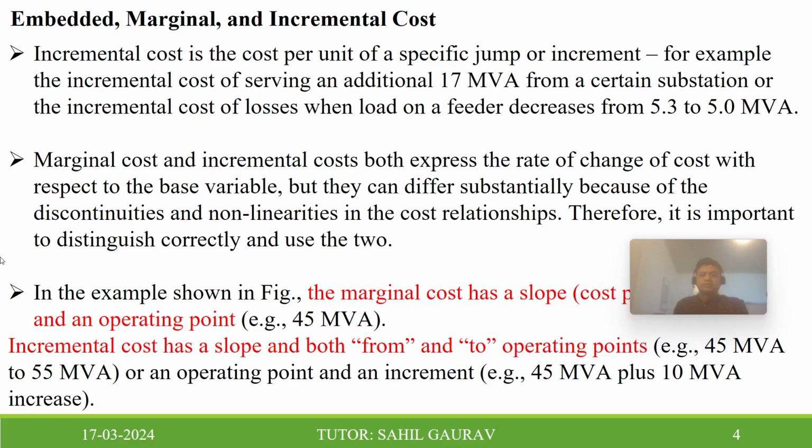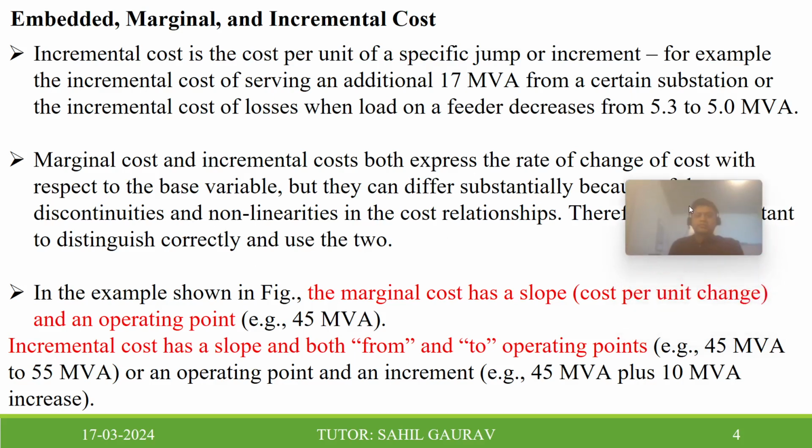As I told you, incremental cost is the cost per unit of a specific jump or increment. Marginal cost and incremental cost both express the rate of change of cost with respect to a base variable, but they can differ significantly because of discontinuities and non-linearity in the cost relationship. Therefore, it is important to distinguish and use the two correctly.